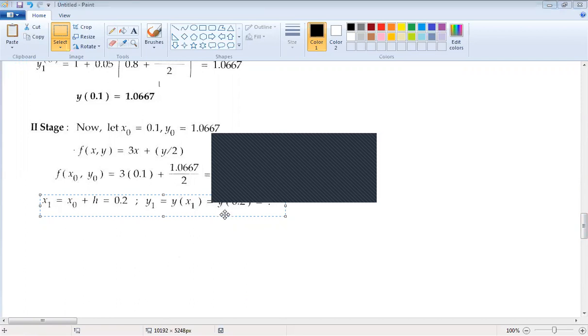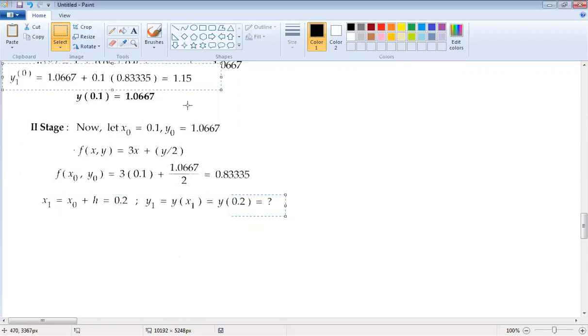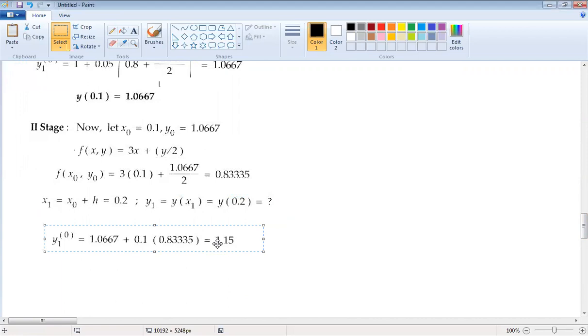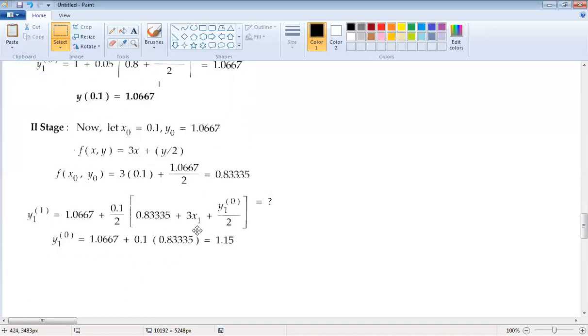So let's start. We'll first apply Euler's formula. The formula will remain the same: y0 plus h times f(x0, y0). Substituting the values of y0, h, and f(x0, y0), we get y1(0) is equal to 1.15. Okay, so this will be our initial approximation. To start the iteration, we'll now be using the modified Euler's formula.